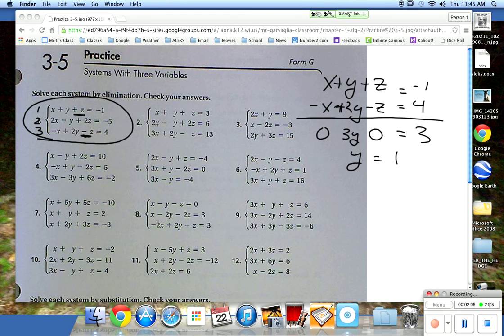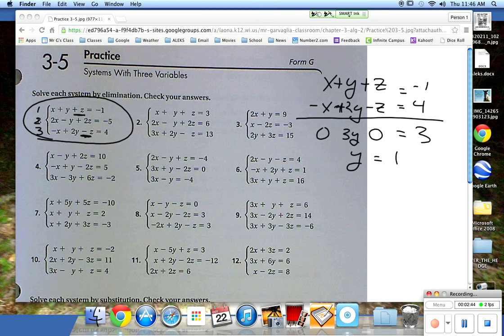Can I grab two of the equations and add them together? Sure. Figure out which ones you want to do. We've got our y's taken care of already. Let's say I want to get rid of my x's. I can't do 1 and 3 again because I'm going to get rid of my x's and z's, right?